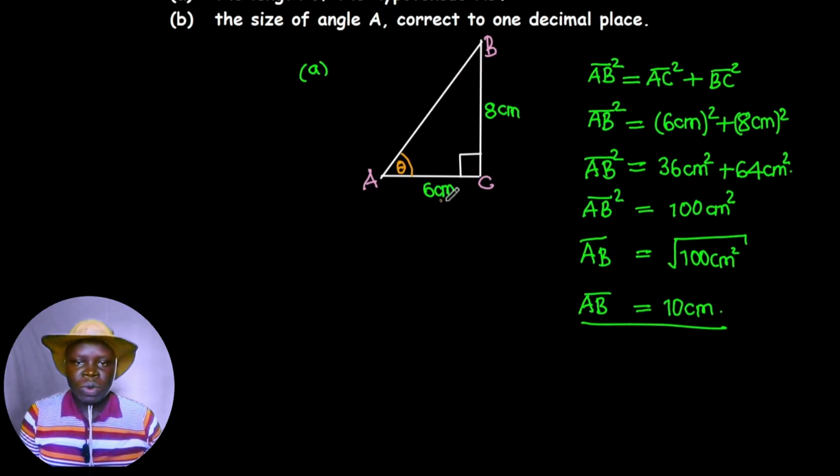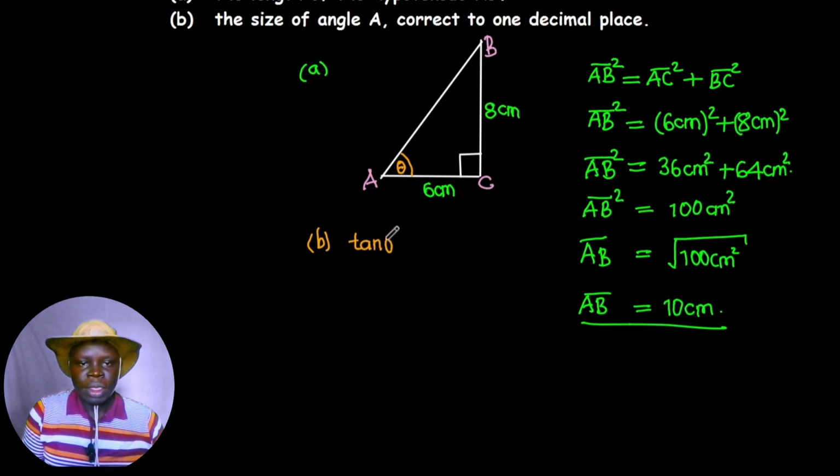Firstly, looking at what has been given from the question here, we have adjacent to this angle theta, and this is opposite. So the trig ratio that links opposite and adjacent is tan. So here we can take part B: tan of any given angle theta is calculated from opposite over adjacent.